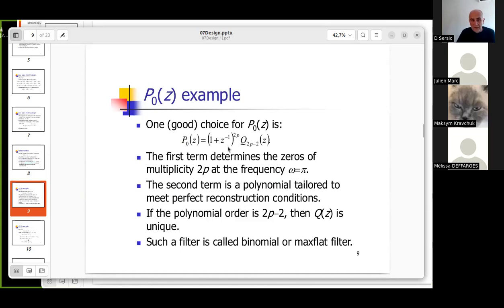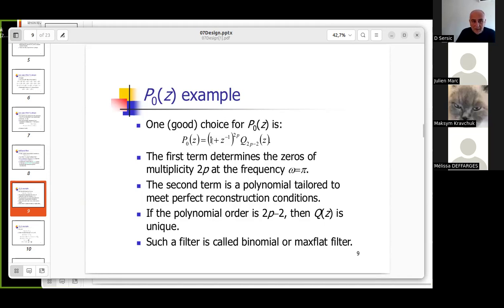So you get a simple binomial on some high even power. And we need the rest, a polynomial denoted as Q, which serves to fulfill the condition from the previous slide.